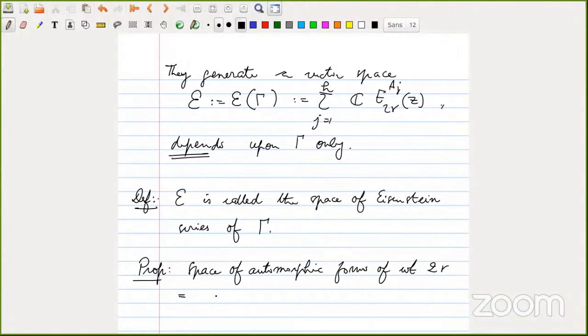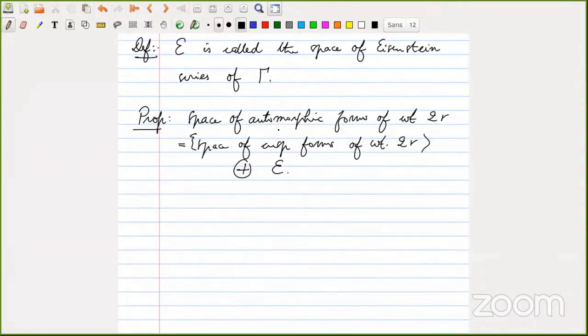it decomposes as the space of cusp forms of weight 2r, direct sum the one coming from the Eisenstein series. As we have seen, there are as many Eisenstein series as there are cusps in the way we have defined them.